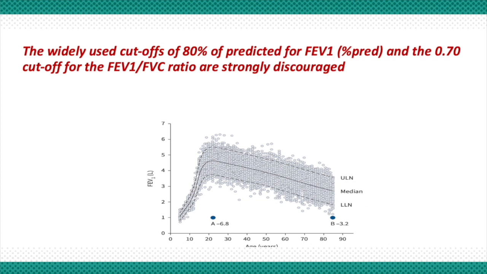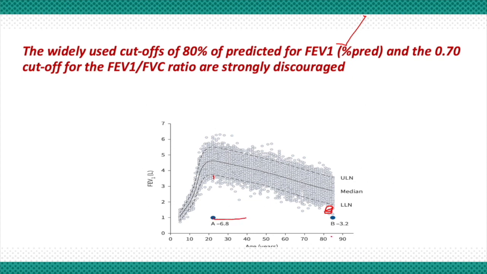Here we can beautifully see in this example that if we select one cutoff or one standard of 80% or 0.7, 70%, for calling a person's ratio as normal or abnormal, then the same person who at the age of 20 years will have an FEV1 of 3 and above as the lower limit of normal will have a normal lower limit of just 1.5 or 2 at the age of 85 years.